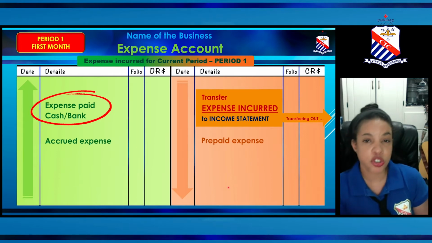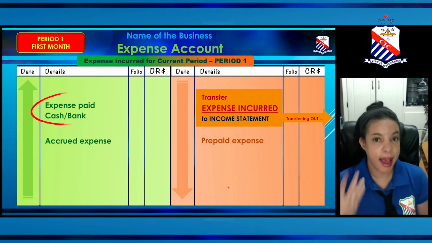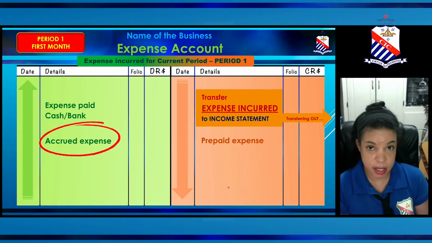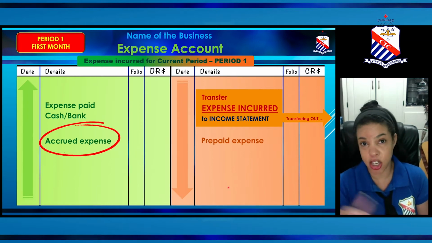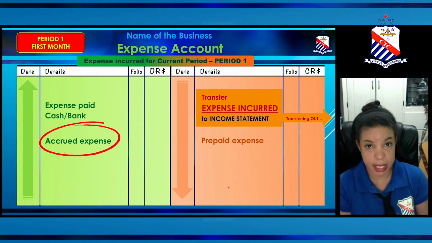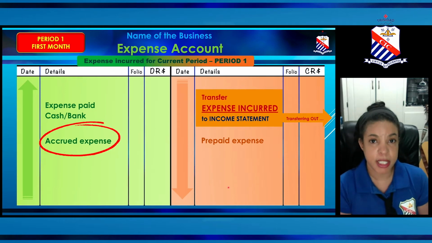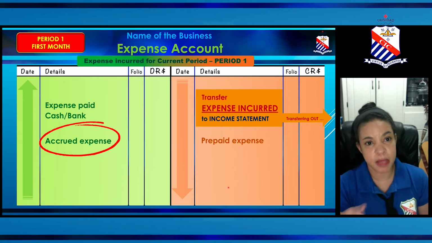And you would do that during the period. At the end of the period, if there are any accrued expenses, which would be expenses incurred though not paid yet, you will also put that on the debit side, because it belongs in this particular period as expense incurred for this period.